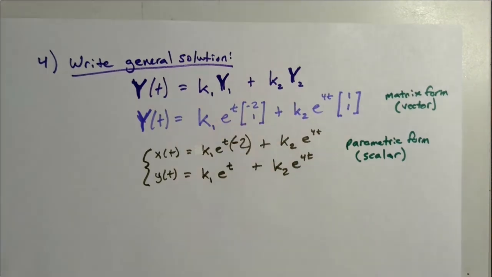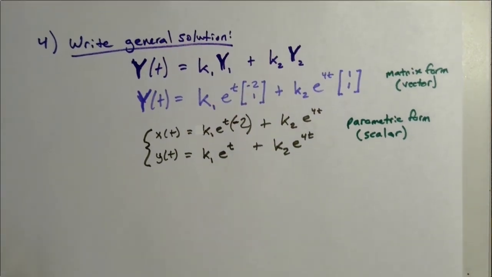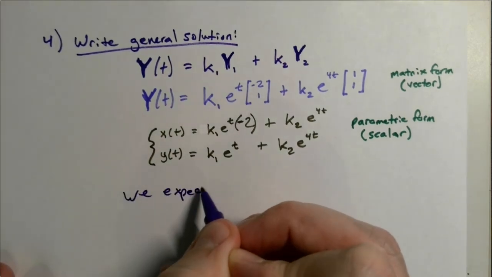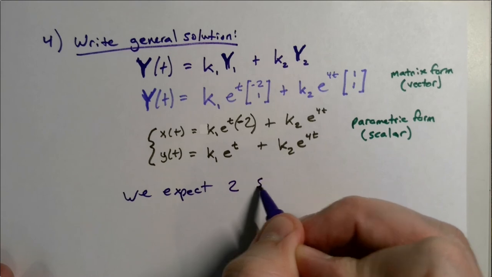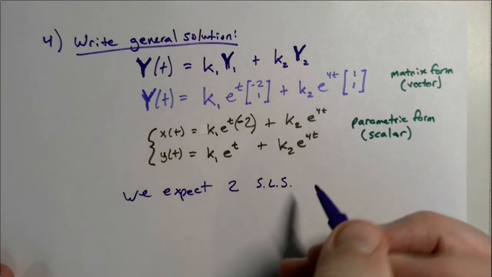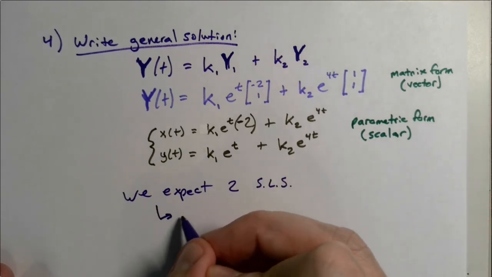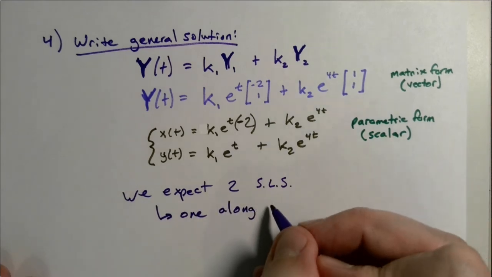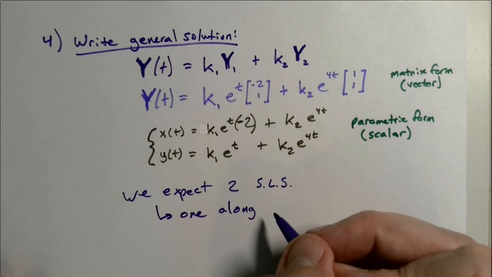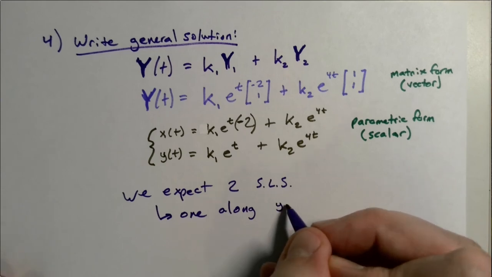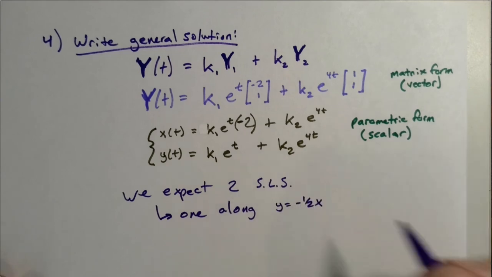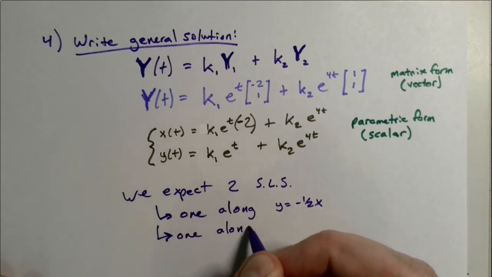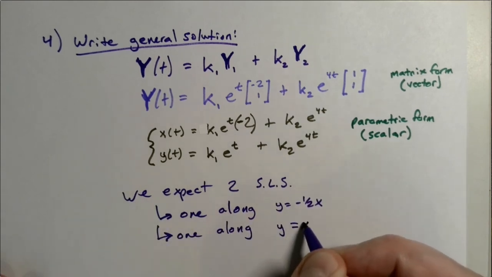So we expect to see from this two straight line solutions. One is going to be along the line, and this is just from the previous page, y equals negative 1/2 x, and then the other is going to be along the line y equals x.